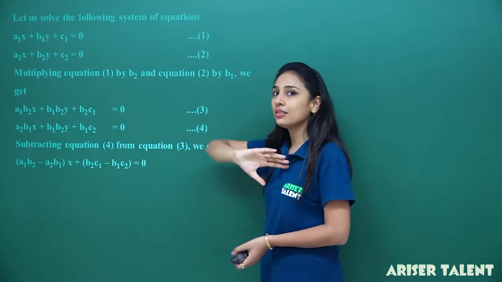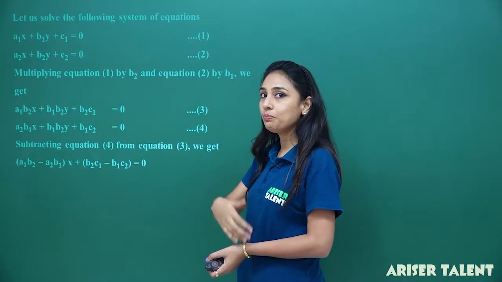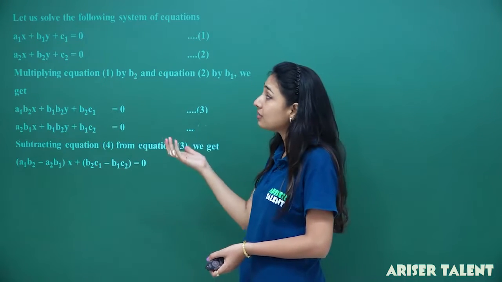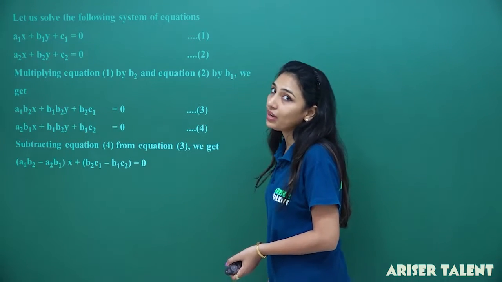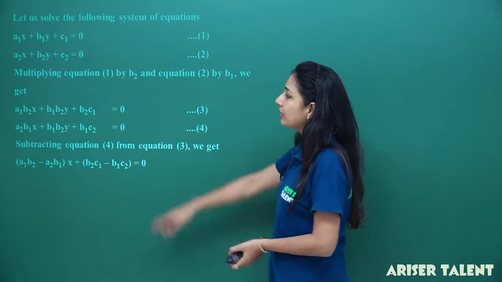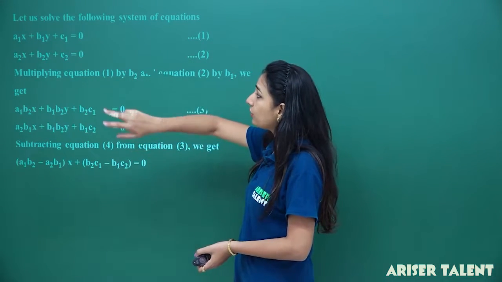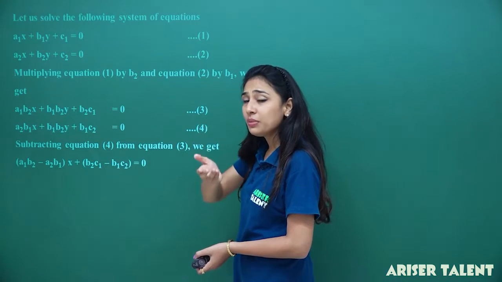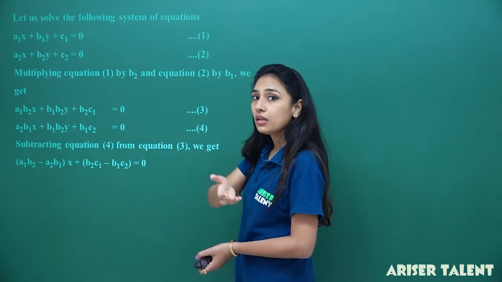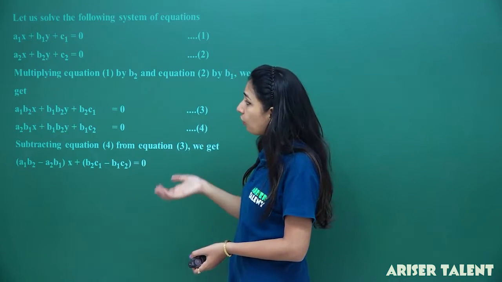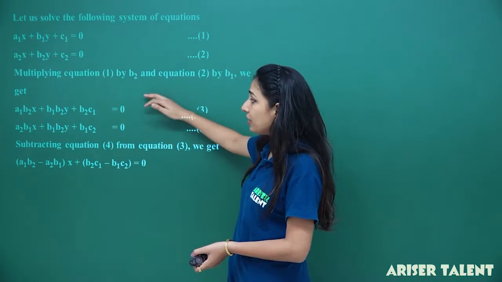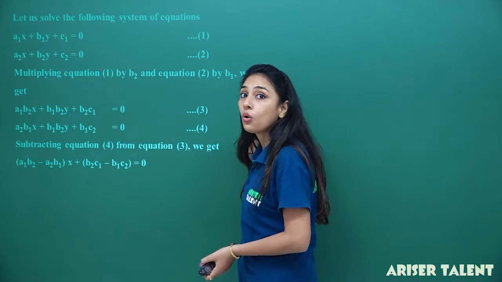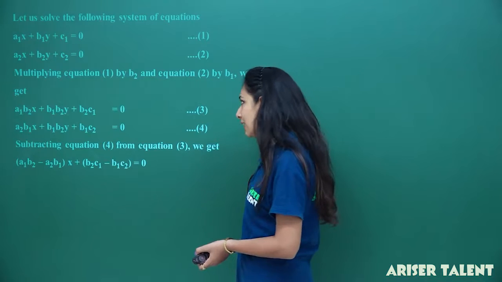Basically we have the equations a1x plus b1y plus c1 equals 0, and a2x plus b2y plus c2 equals 0. Now we will multiply these equations by b2 and b1, and then we will have the values of x and y. The question arises, how? Let's discuss.